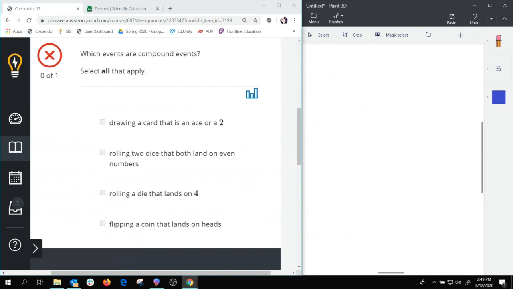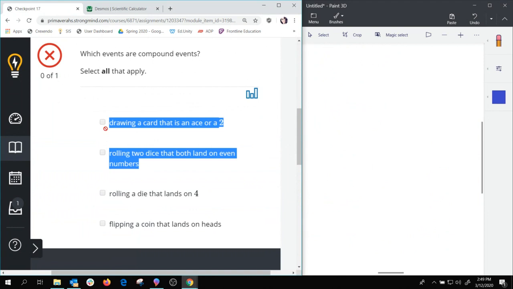The second one and the first one, so these two here? Yes, you are correct. So drawing an ace or a two, and rolling two dice that both land on an even number. Perfect. Because both of them have two separate things that are happening.